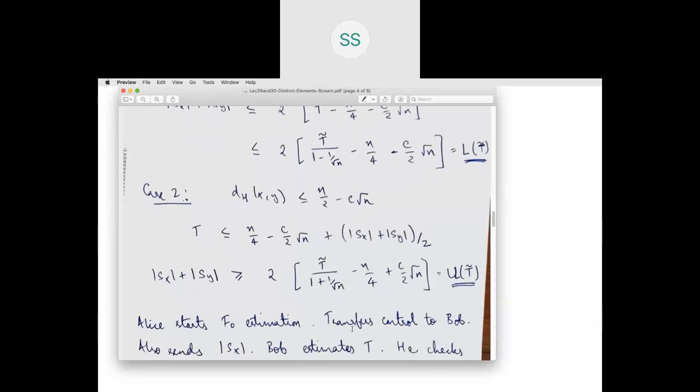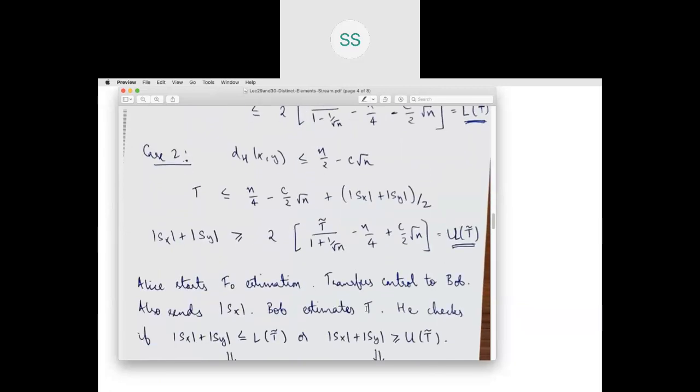Which is log n. Now Bob estimates t, and that means he computes a value of t tilde by completing the f0 estimation algorithm. Right? Recall, we are trying to reduce gap Hamming distance to f0.